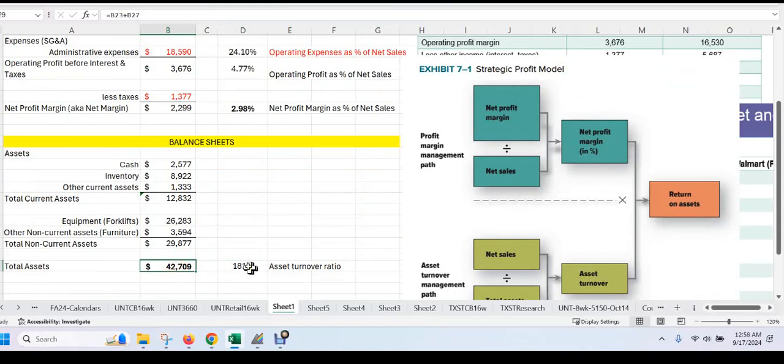Let me repeat that. We're getting $1.80 for every dollar of asset we are using. So if we're using cash, inventory, forklifts, or furniture, all of that is producing $1.80 in net sales. That's exactly what that means.